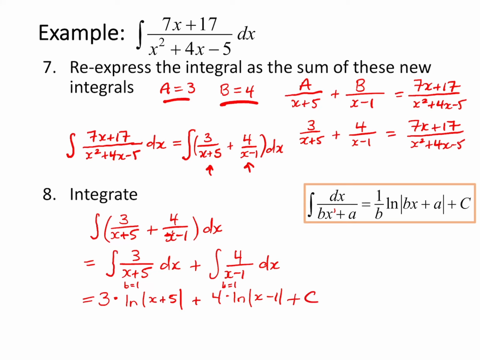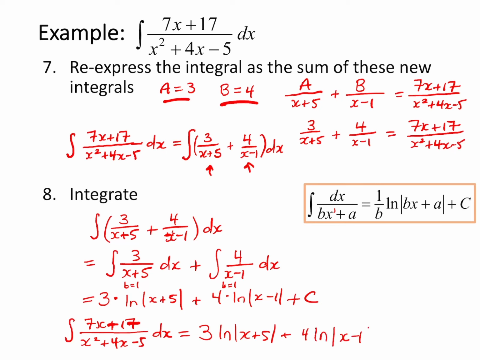So that means our original integral, 7x plus 17 over x squared plus 4x minus 5 dx is equal to 3 times the ln of absolute value x plus 5, I should remember to say, plus 4 times the ln of absolute value x minus 1 plus c.